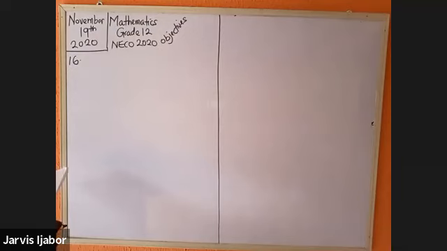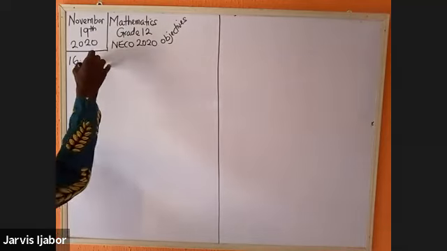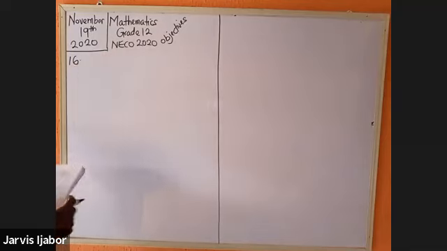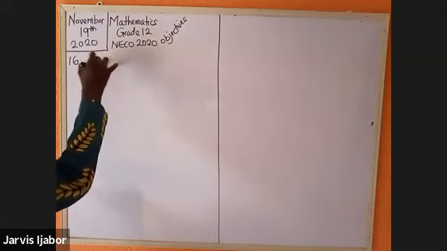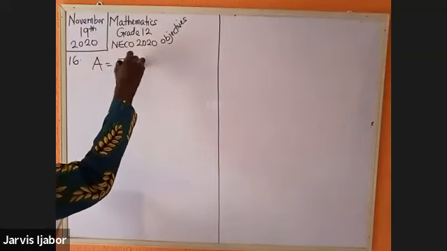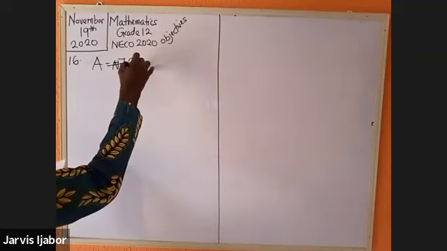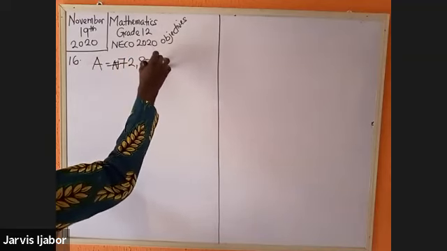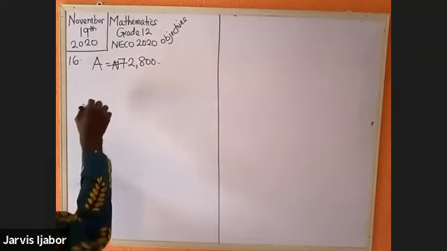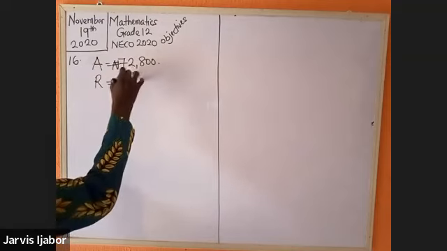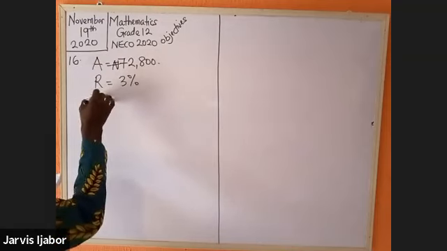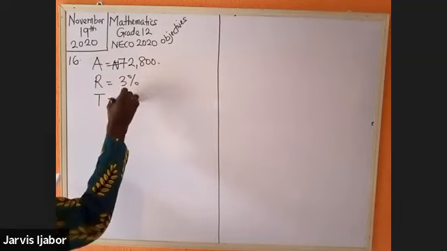It's not very clear, but I would think the amount is 72,800 naira, I presume, and then the rate is 3%, and the time is 4 years.